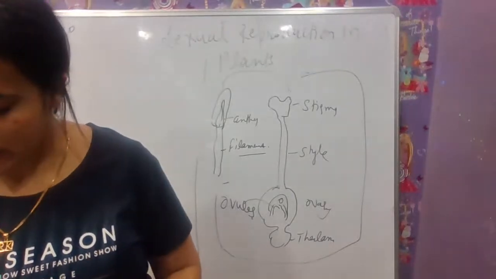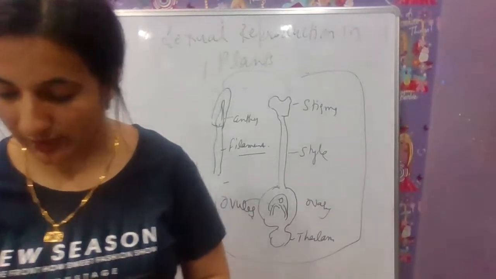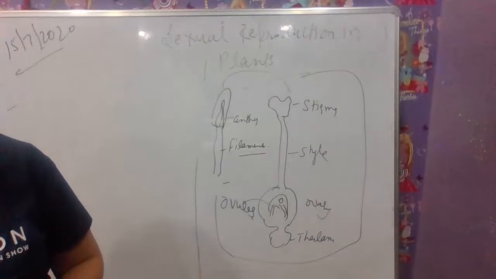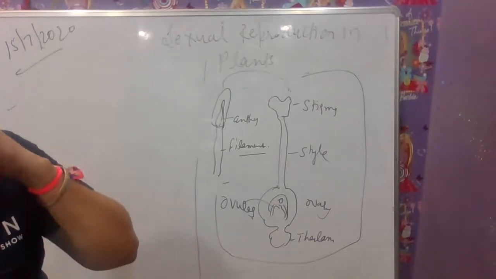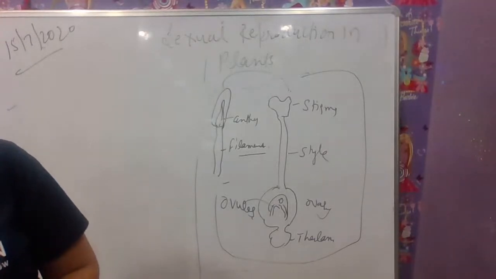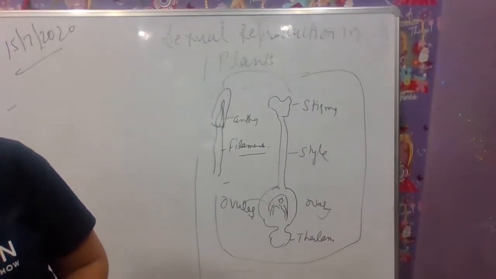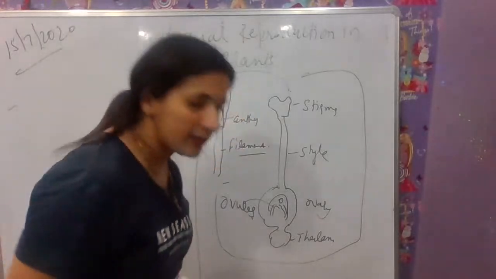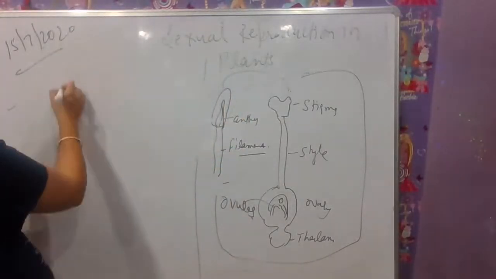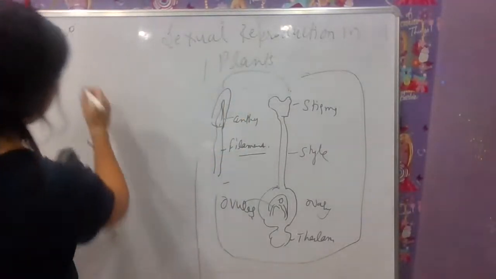So we have to discuss some characters which are very, very important. Let's start with the characters of insect pollinated flowers. Yes, please note it down.